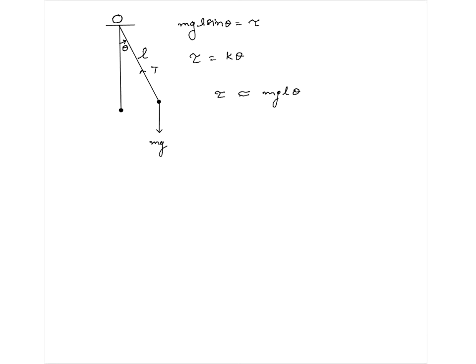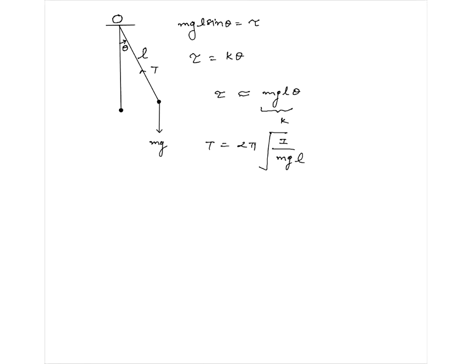It is indeed angular SHM. Direction point we have already discussed. So there is a negative sign if you are considering opposition. This is K, and the time period of oscillation would be equal to 2 pi root moment of inertia divided by K. We have said that string was light. If something is light, it won't have any moment of inertia.